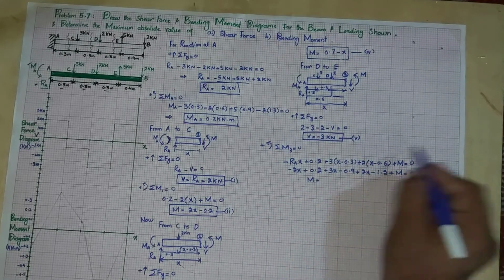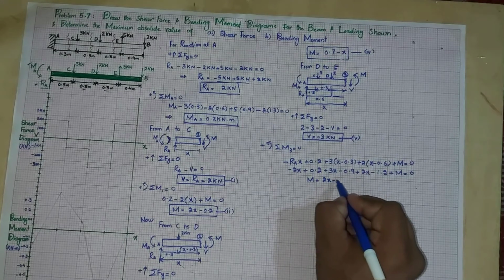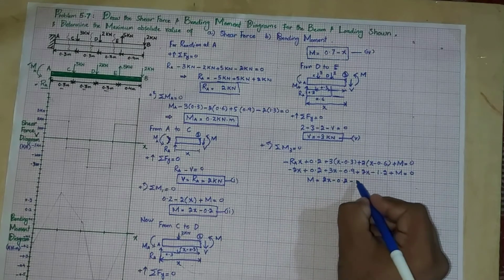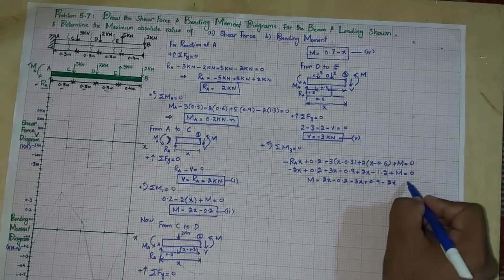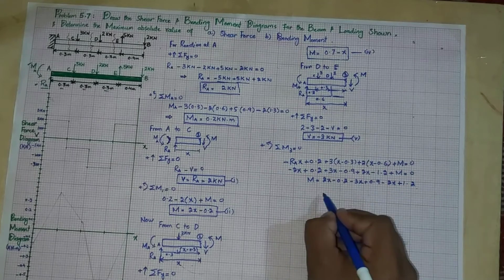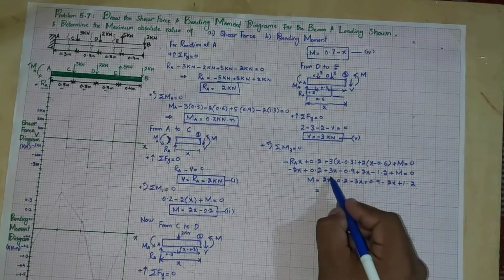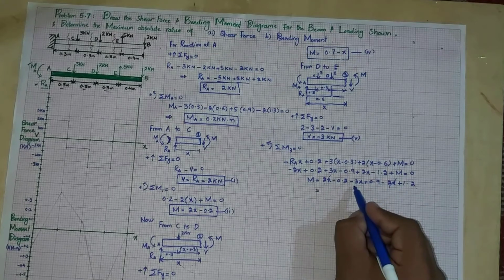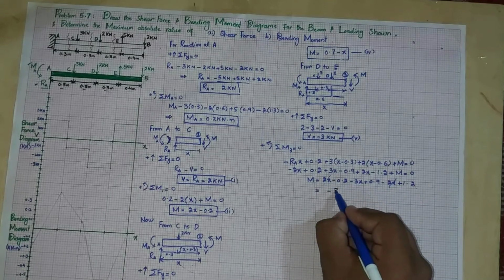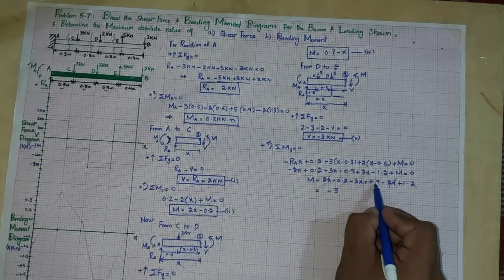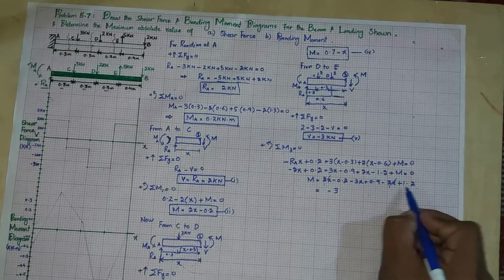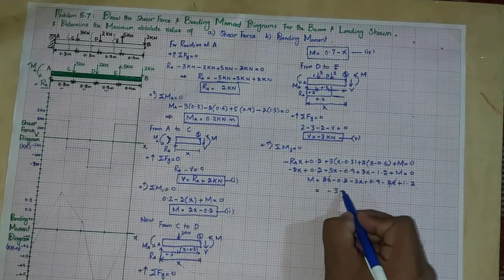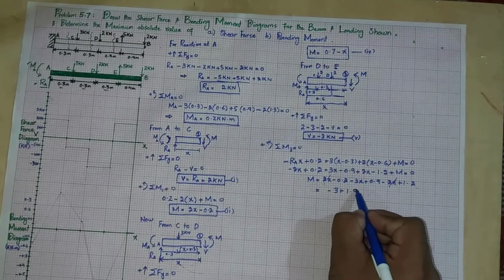When you move all the terms to the right side, that will be 2x minus 0.2 minus 3x plus 0.9 minus 2x plus 1.2. So the 2x terms will cancel each other. Here we will have minus 3x, and this 0.9 plus 1.2 will be 2.1, and when you subtract 0.2, that will be plus 1.9.